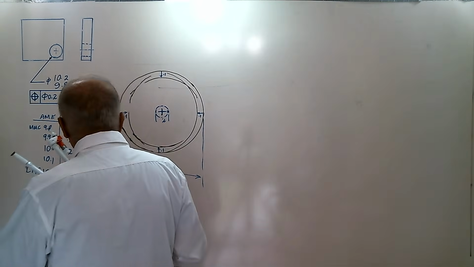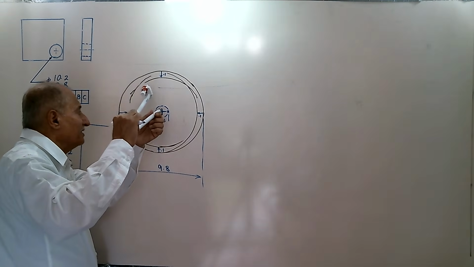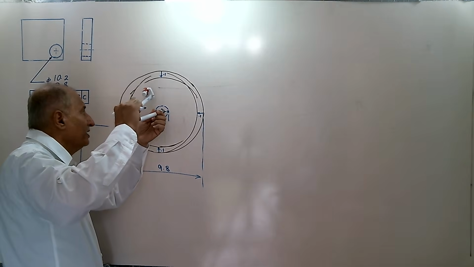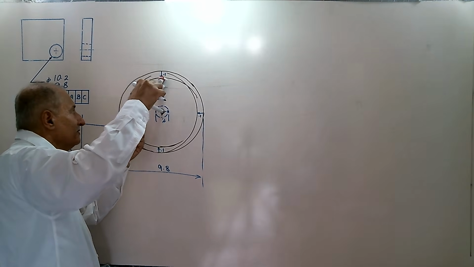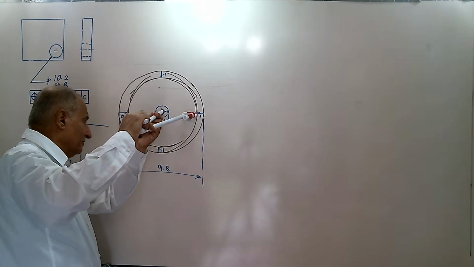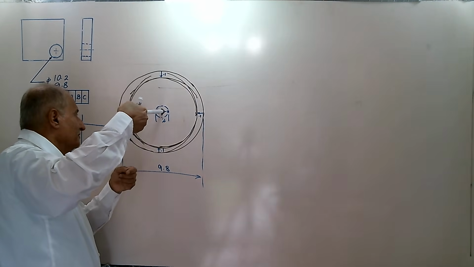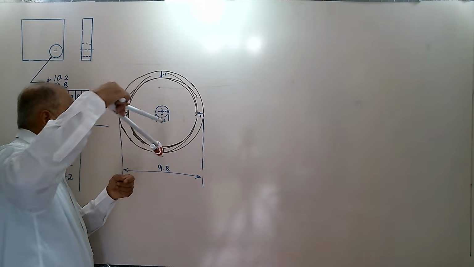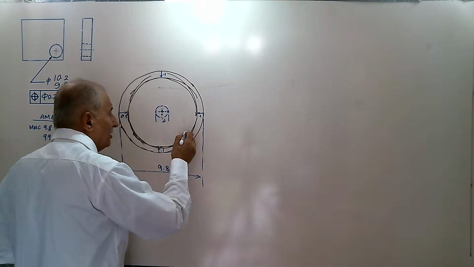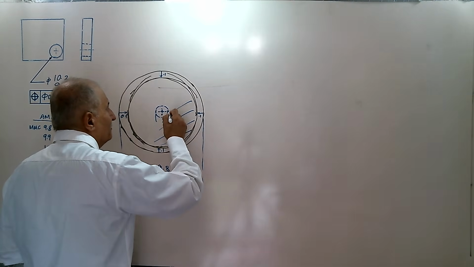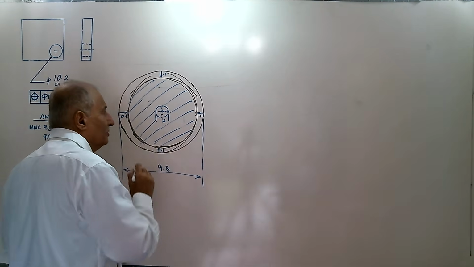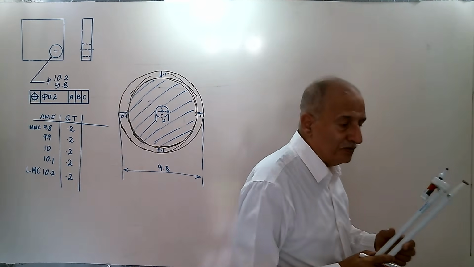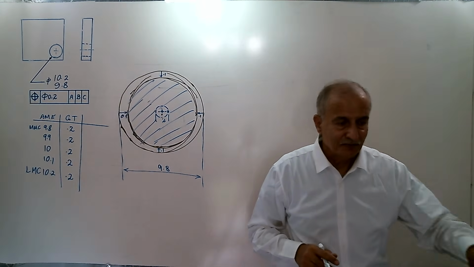Then, if I draw a circle that inscribes all of them, this circle shows the inner boundary of the hole.